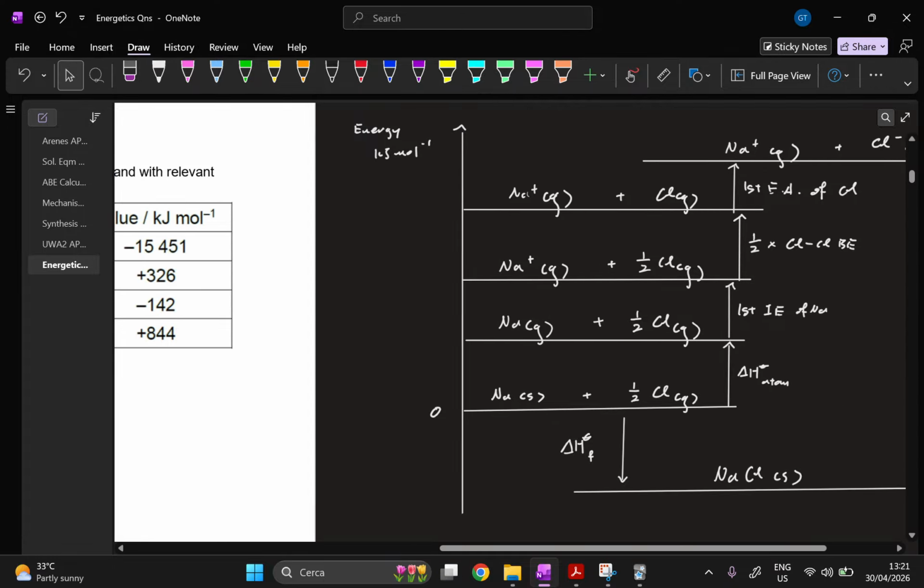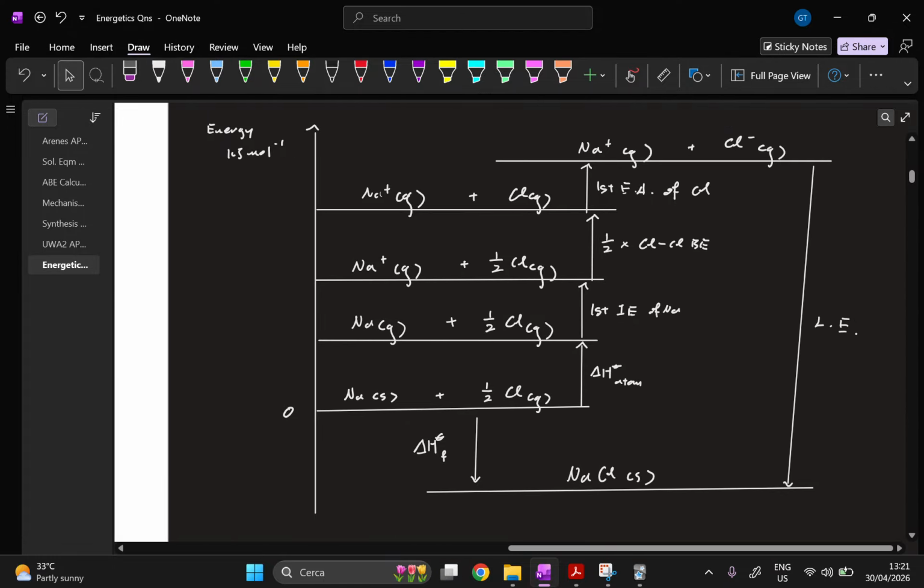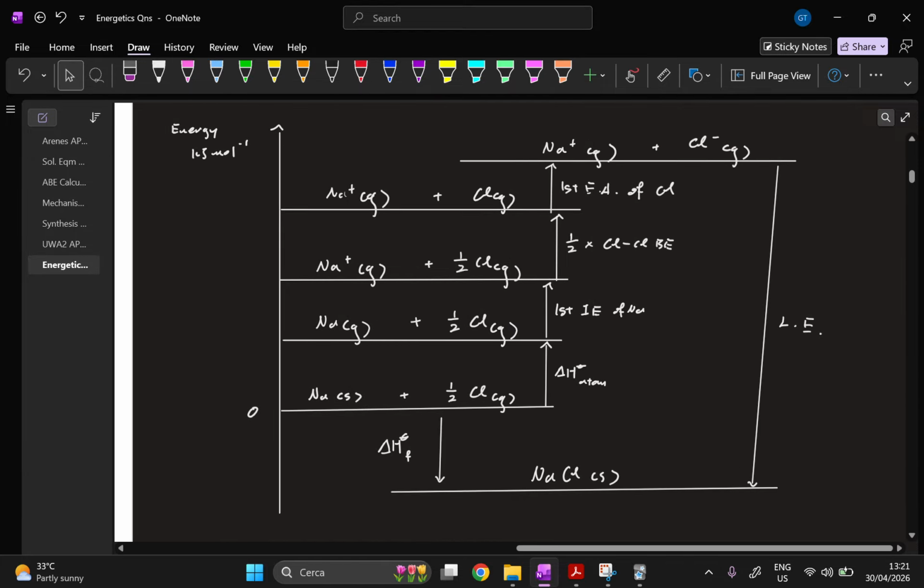A lot of the times the question will not specifically ask you to draw a Born-Haber cycle. If they just say construct an energy cycle, or if they say determine something, then whether you draw a Hess cycle or Born-Haber cycle is up to you. But if they tell you to directly construct a Hess cycle or a Born-Haber cycle, then you have to obey the instruction.